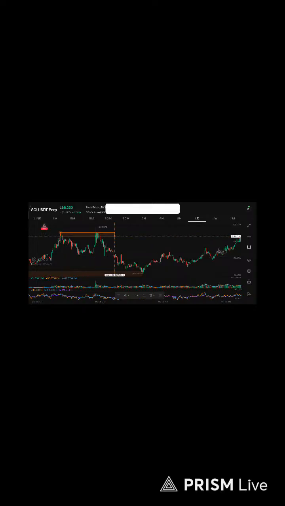As you can see, we can turn that to green, and we can fill it. This one we can change to red, so that people can differentiate between them: green always for bullish, red always for bearish.